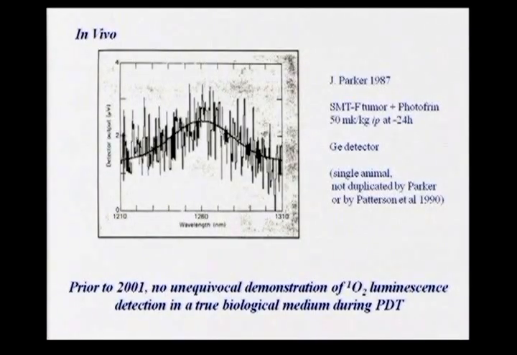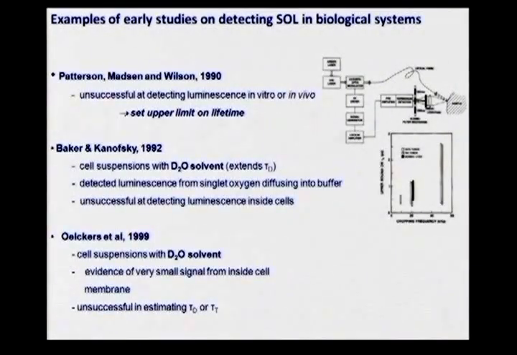And so until 2001, it had never really been confirmed that you could measure the singlet oxygen in cells or in tissues this way. There were some early studies, including ones that we did 23 years ago, where we used an existing detector for the physicists and engineers here. This was a germanium detector, and we got no signal.